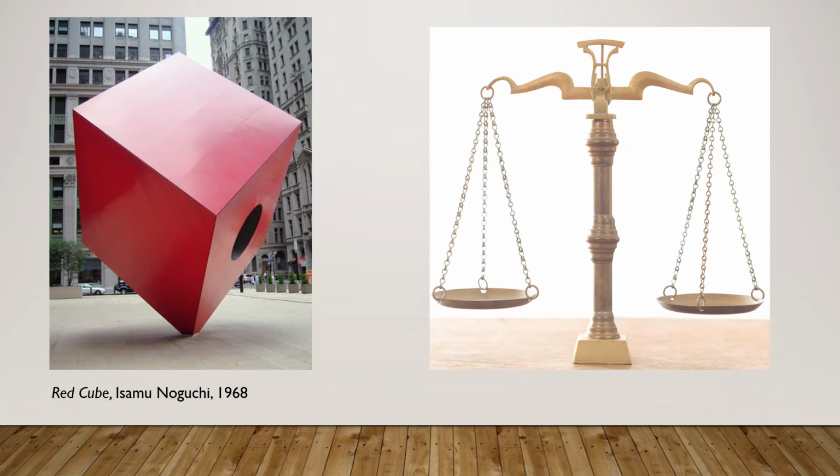So here we see a sculpture of a red cube, obviously. And in this case, it's a sculpture that's actually balancing on one corner of itself. And because that's happening, we see that it's visually balanced. On the right-hand side is a scale like you might use for science or in Egyptian art.